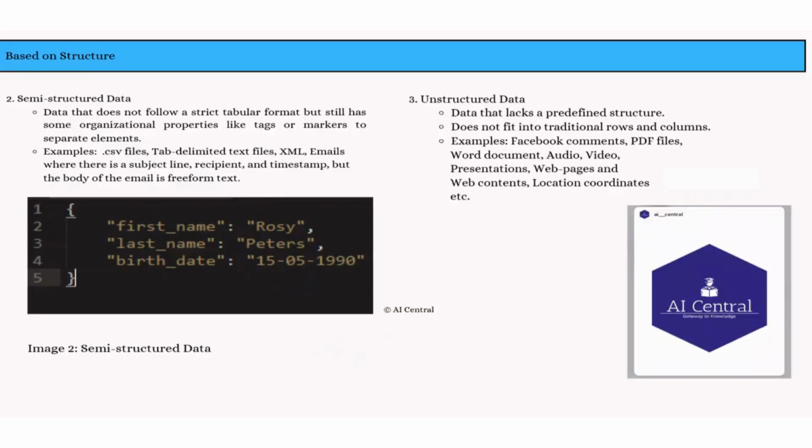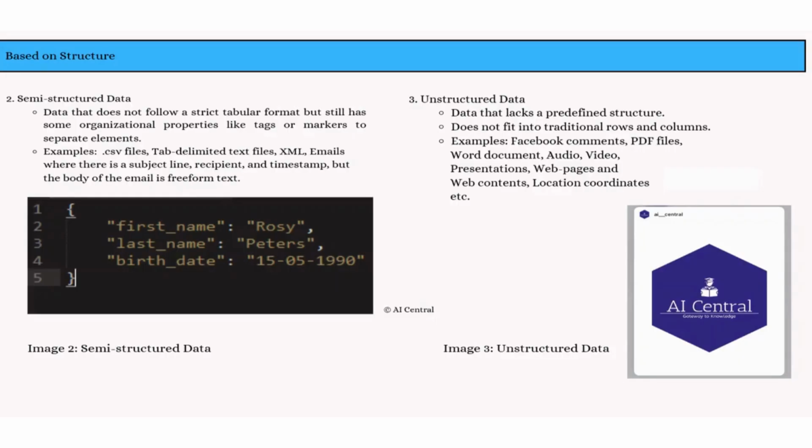Next we are having unstructured data, and as the name suggests, there is no structure associated with this type of data and it does not fit into traditional rows and columns. Now the posts that we do on social media in the form of images, videos or reels represent unstructured data.